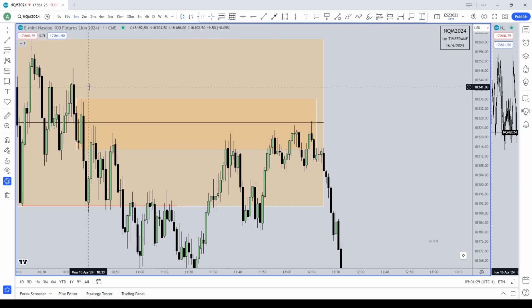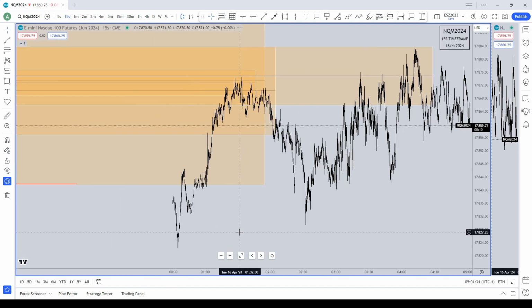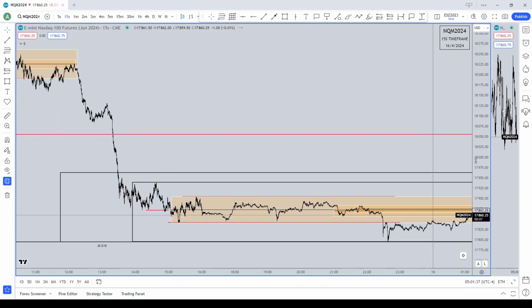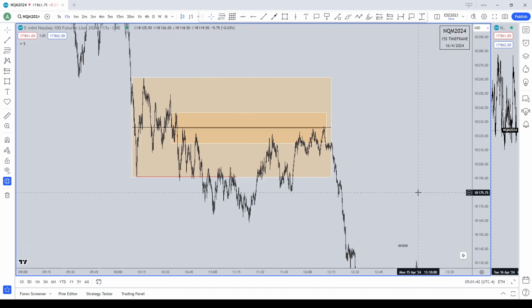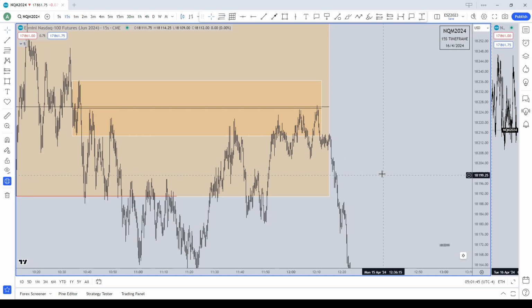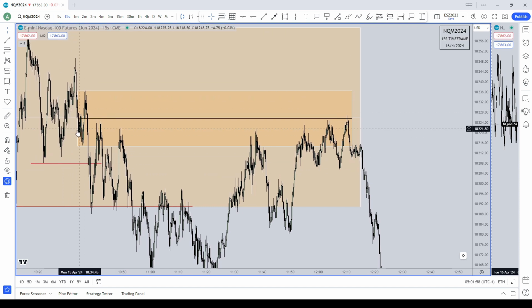And as I said, if you go on the 15-second, you can see that zone, a clear zone, because here, yeah, that accumulation of the price here and the last accumulation pushed price lower.